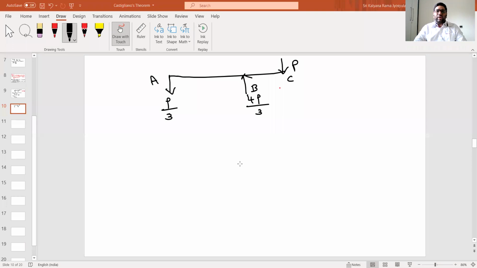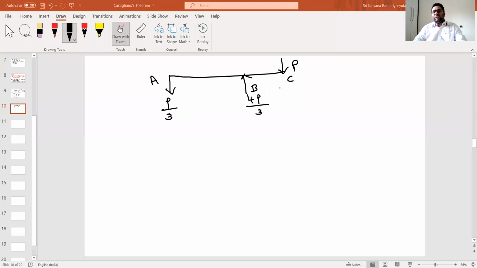Now we need to calculate the moment at given section X. For that, I'm going to introduce you to one of the simplest formulas, a procedure based methodology.